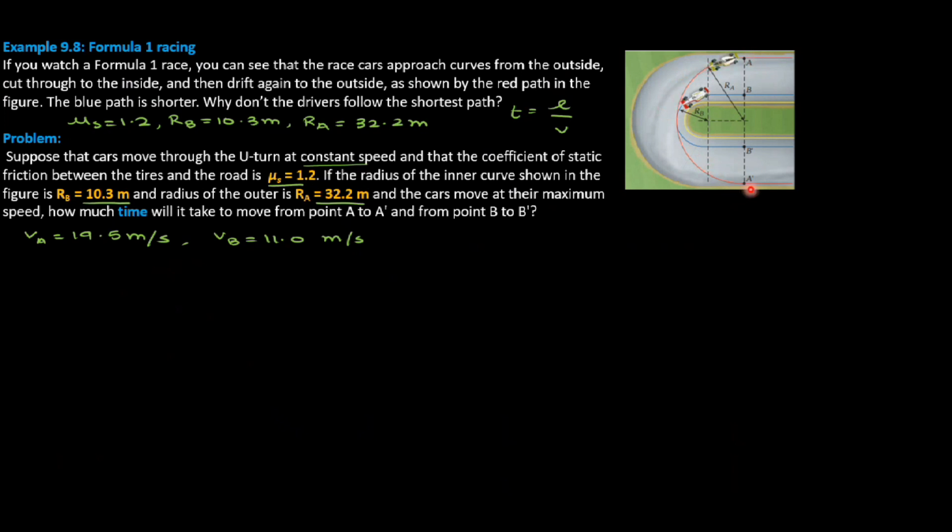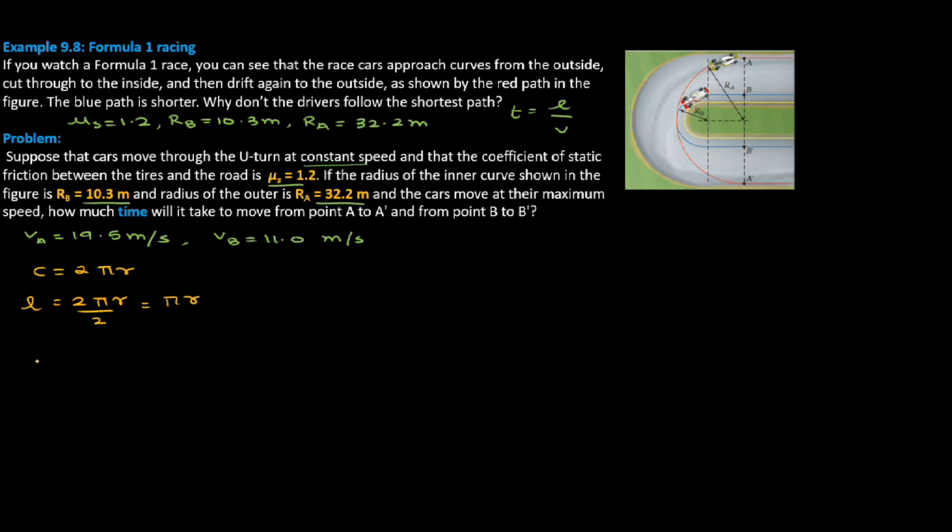When we move around a circle, the total distance we cover is the circumference, which is 2 pi r. When I'm covering half of the circle, the total length will be 2 pi r divided by 2, which is just pi times r.